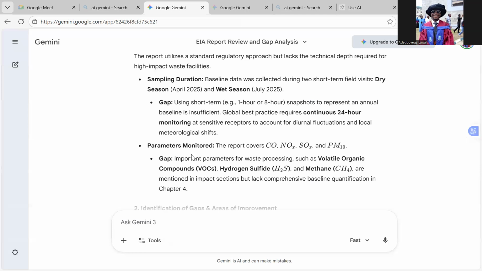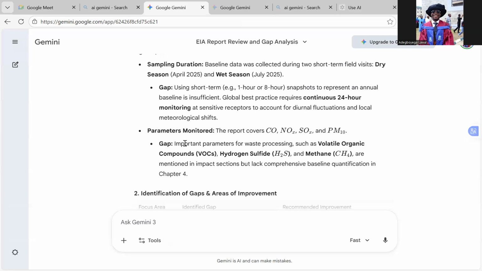This is very important, but was not done. There are some important parameters for waste processing, such as volatile organic compounds, VOCs, hydrogen sulfide, H2S, and methane. They were mentioned in the impact section, but lack comprehensive baseline quantification in chapter 4. I'm not sure if these were analyzed, but they are very important to be able to prepare the baseline condition of the area.